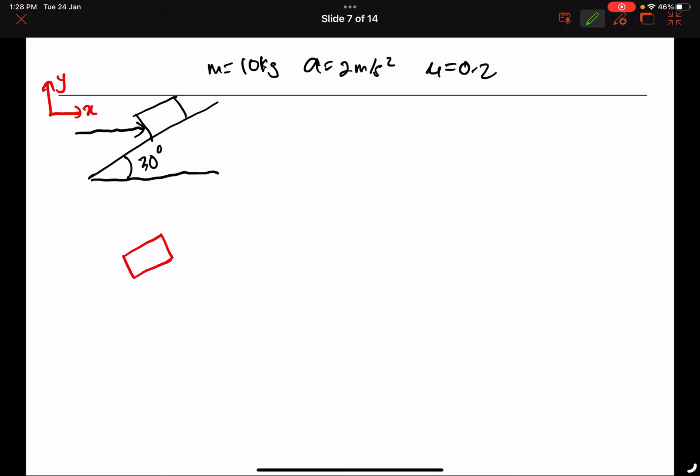Then you put the force P here. You put the friction force acting in this direction, F equals mu N. So you have the normal force here, and then the weight W pointing downward. So this is your FBD.